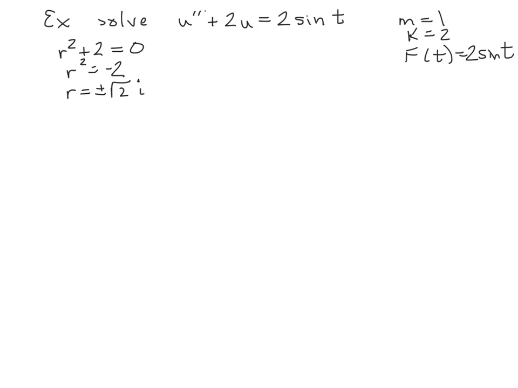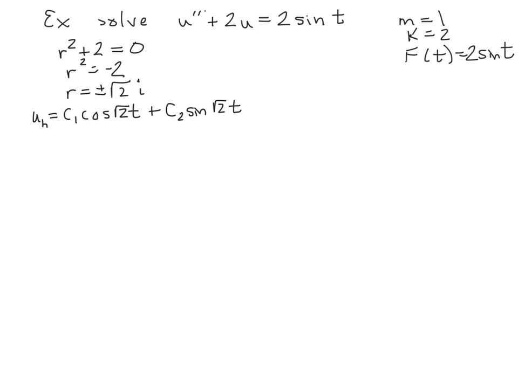All right, so that makes the homogeneous solution. I'm putting a sub h there for the homogeneous part. That makes u sub h equal c1 cosine of root 2 t plus c2 sine of root 2 t.